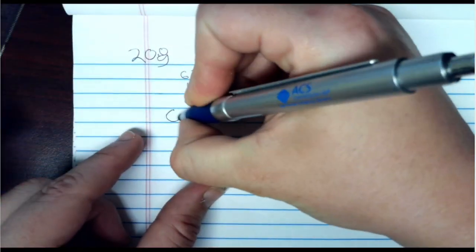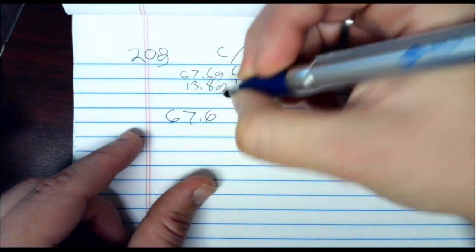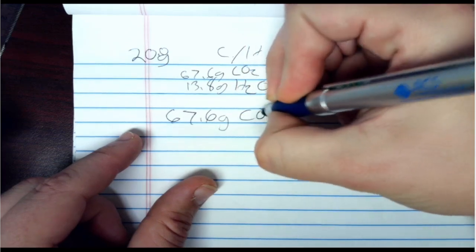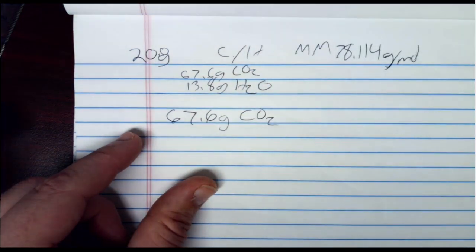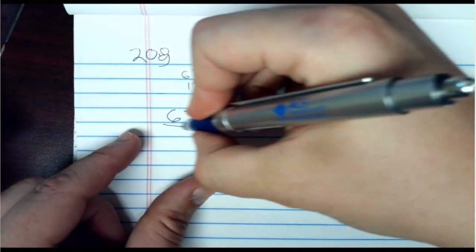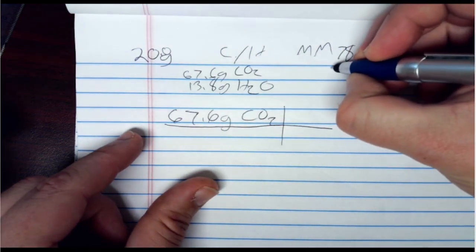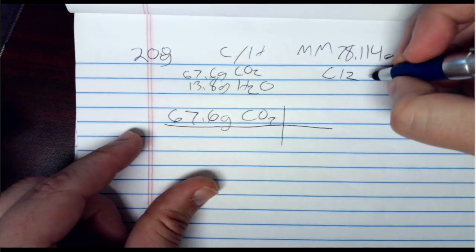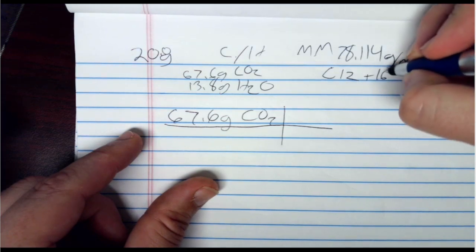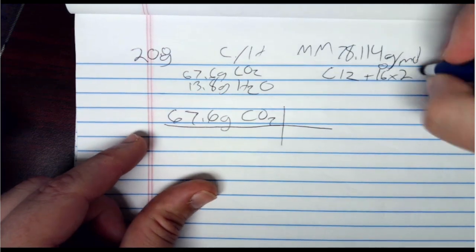Step 1. Convert the grams of CO2 to moles of CO2. Carbon is 12. Oxygen is 16. There's 2 of them.